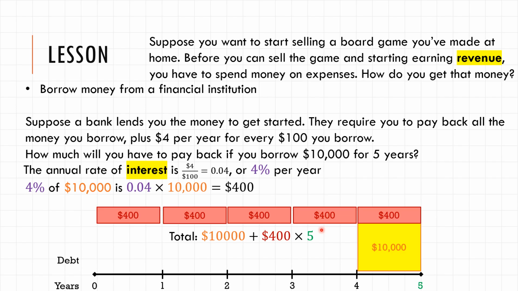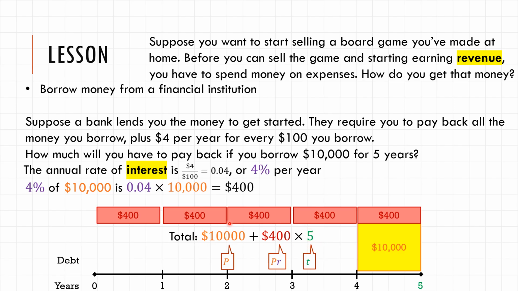Let's examine our formula for a second. We took the principal that we have to pay back, plus we have to pay back the interest. And the interest per year, we took the rate of 4%, and we multiplied it by the principal to get the amount of interest per year. And then we have to multiply that by something called the term. Remember, we talked about the term is the number of years.